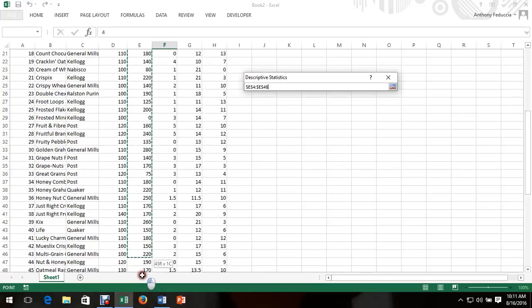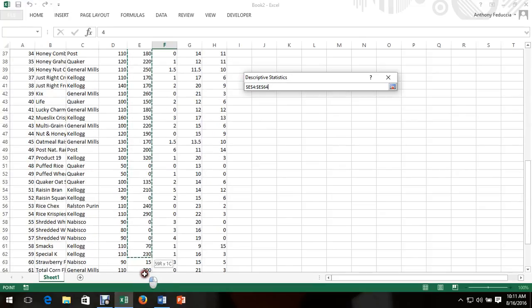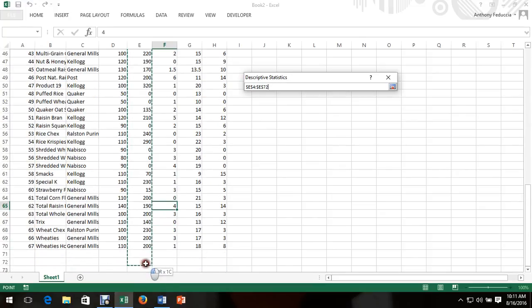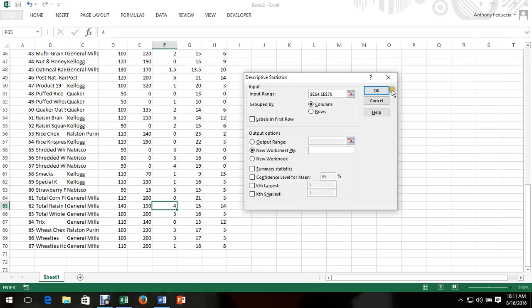That is inserted into our data analysis right there. Okay. And then what we want in data analysis is summary statistics.